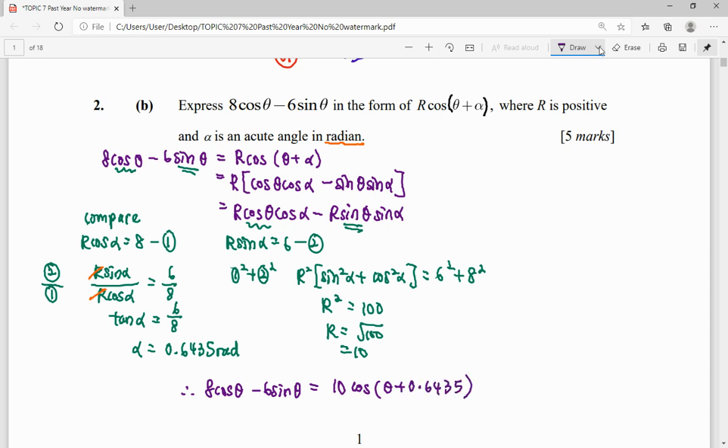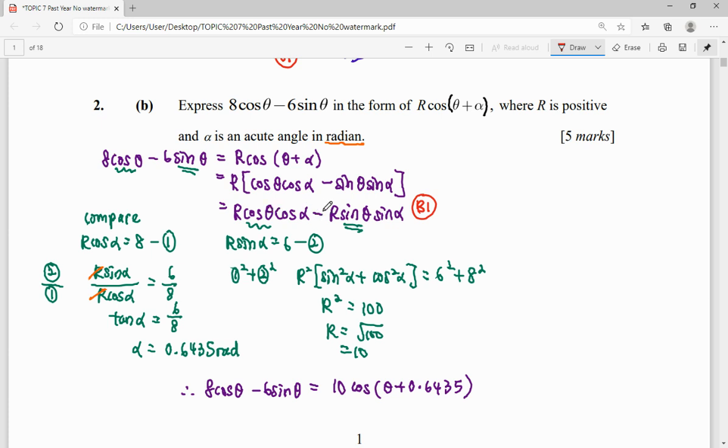0.6435. So what is important here, you can see, for the first part, of course, our expression using our compound angle cos. So cos A plus B, make sure you expand this correctly using the formula cos A cos B minus sin A sin B. Operation plus, it will become negative. So this is our expansion.